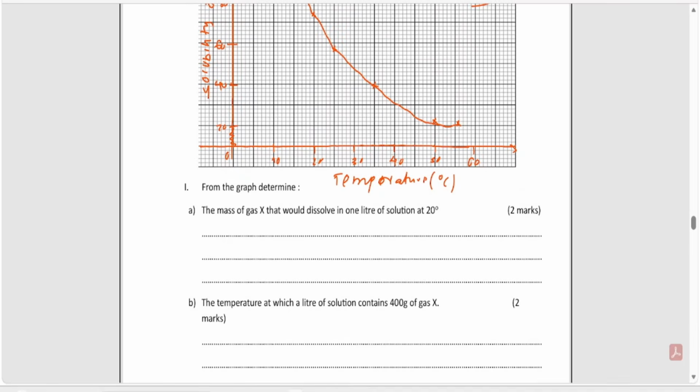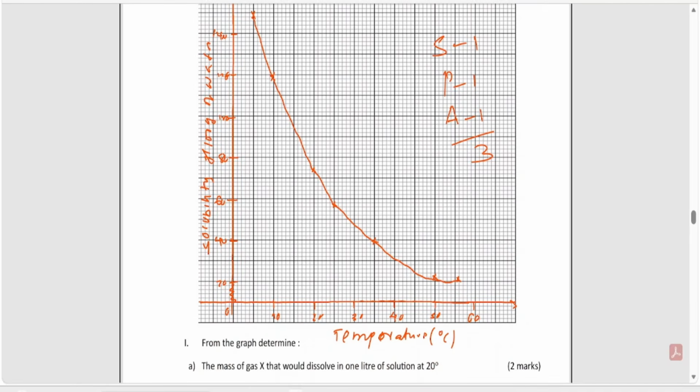From the graph, determine the mass of gas X that would dissolve in 1 liter of solution at 20 degrees Celsius. What I'm going to do, I'll determine the solubility at 20 degrees Celsius.